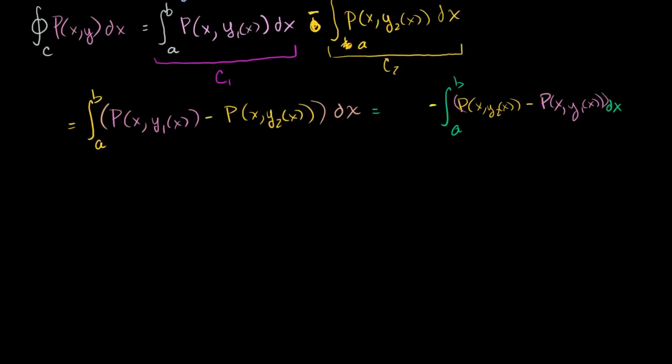Now the next step I'm going to do might look a little bit foreign to you, but I think you'll appreciate it. It might be obvious to you if you've recently done some double integrals.